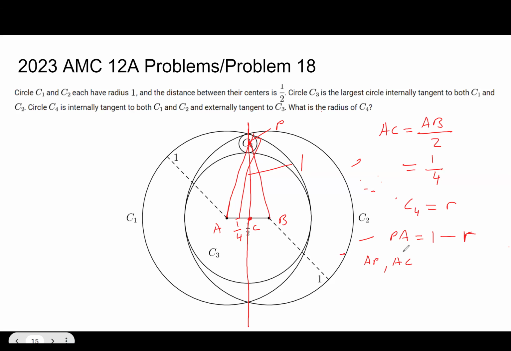If we find a relationship for PC in terms of R, then we can just use Pythagoras and solve for the radius of C4. So let's have a go at finding an equivalent expression for PC in terms of R.